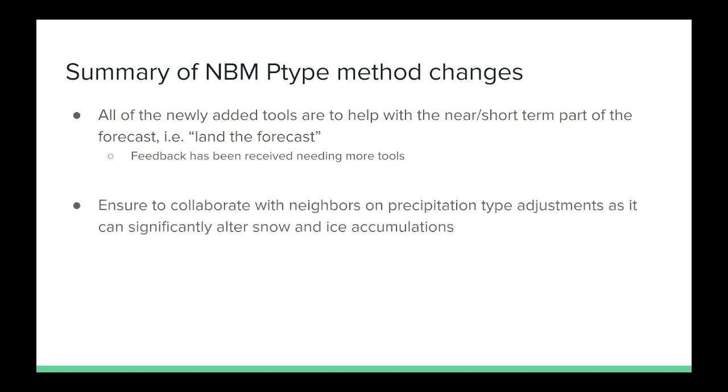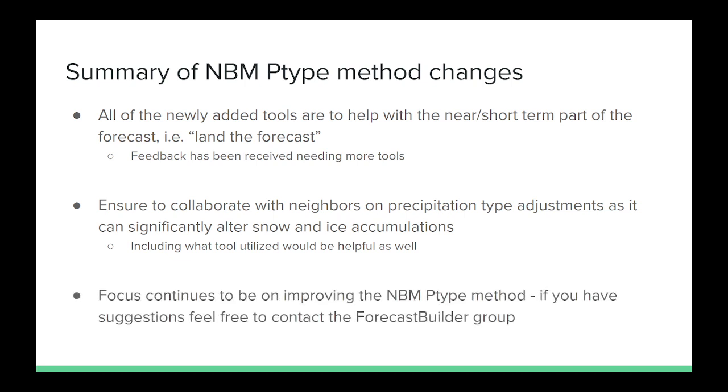No, but we're getting there. We're improving on this. I will say that if you do make changes with the precip type, it can significantly alter your snow and ice accumulations. So if you make these changes, collaborate, and even better, provide what tool was utilized in that collaboration.